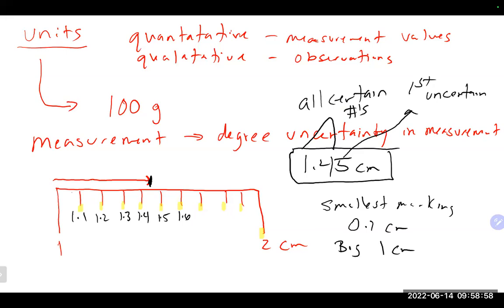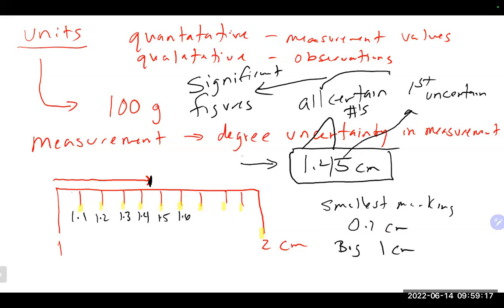And when you do that, that is what significant figures are. Which means in this particular case, this measurement has how many significant figures? It has 3 significant figures.